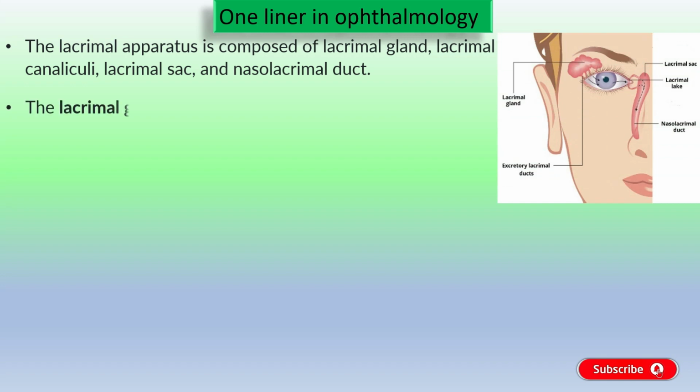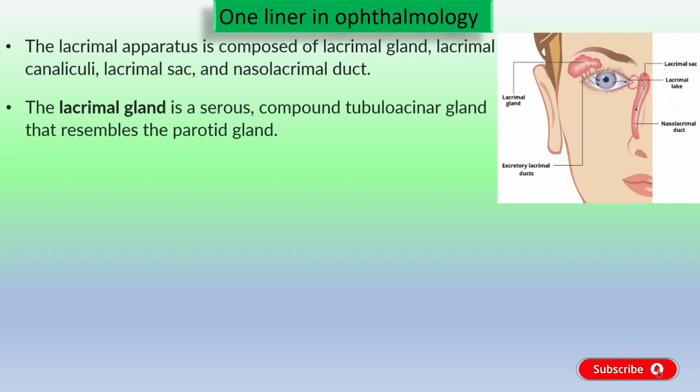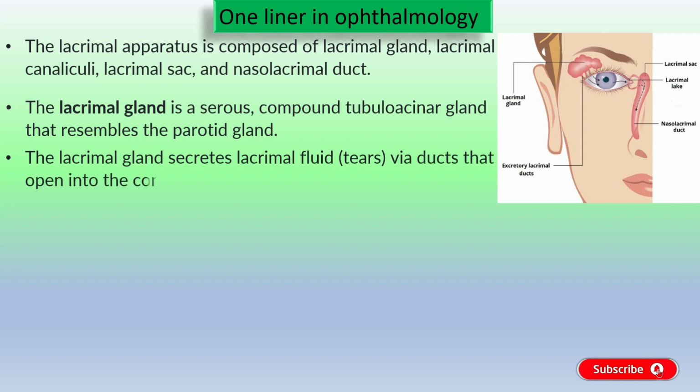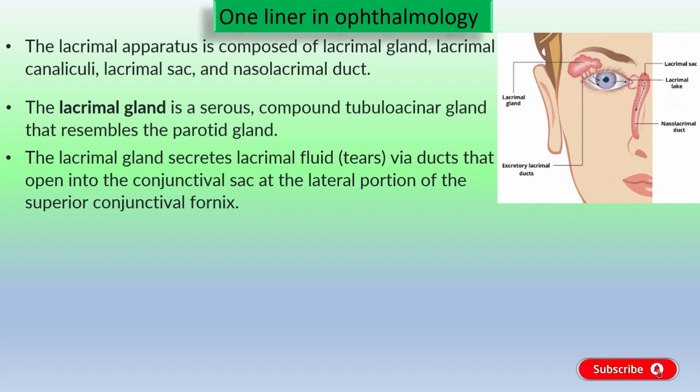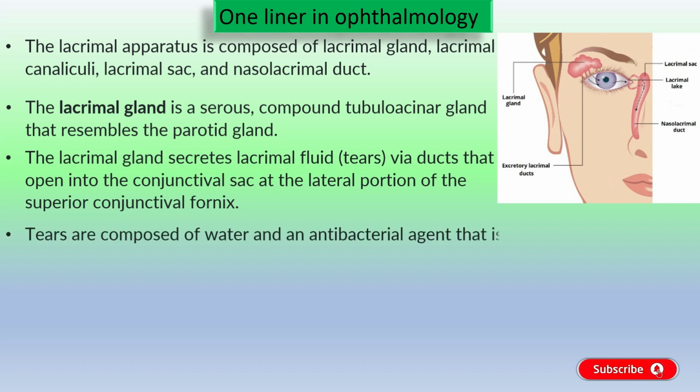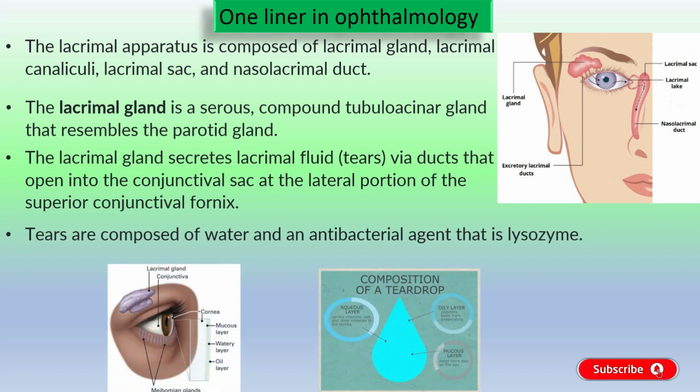The lacrimal gland is a serous, compound tubuloacinar gland that resembles the parotid gland. The lacrimal gland secretes tears via ducts that open into the conjunctival sac at the lateral portion of the superior conjunctival fornix. Tears are composed of water and an antibacterial agent that is lysozyme.